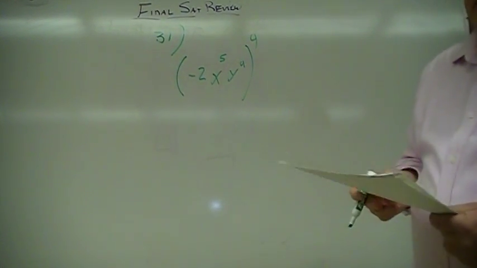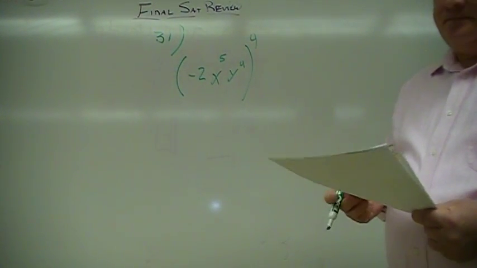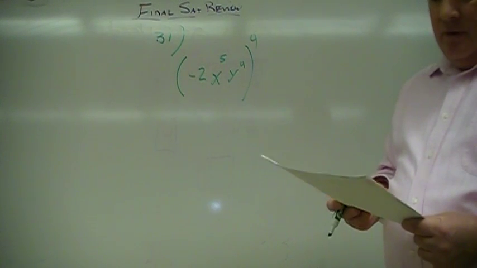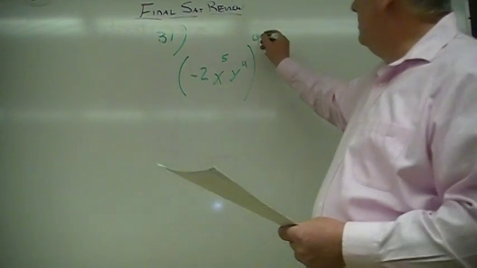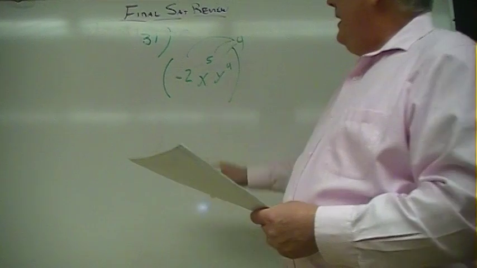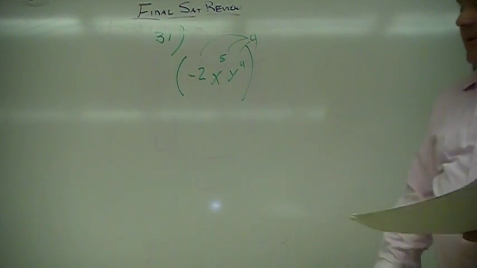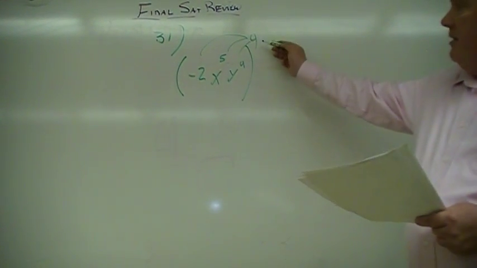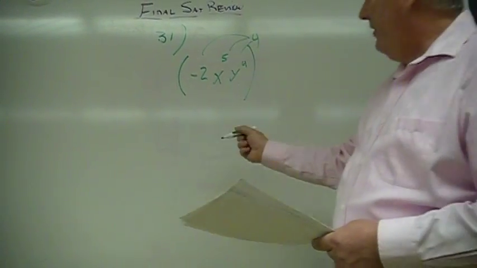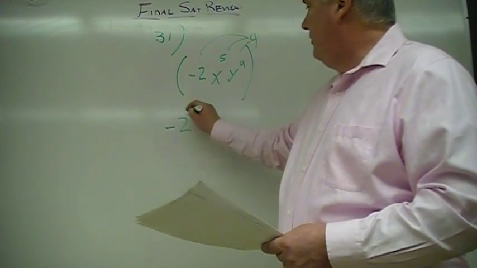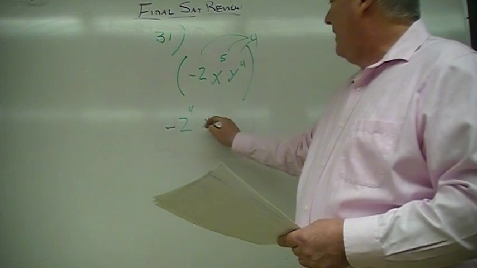Again, another topic guaranteed for you to see is exponents. And when we have powers to powers, when we have something all to the power, this 4 goes to everything. So negative 2 to the 4th, x.